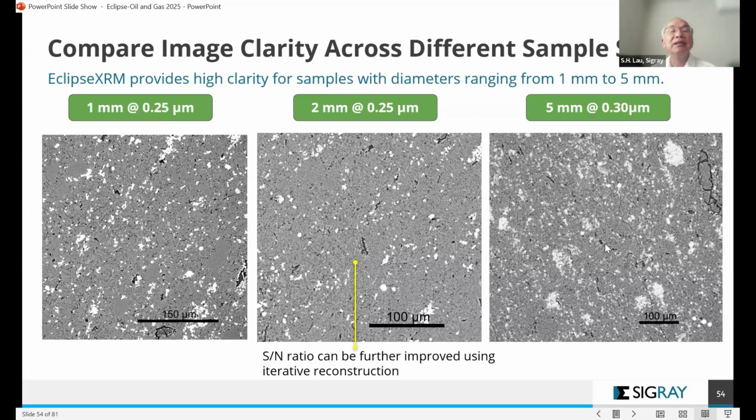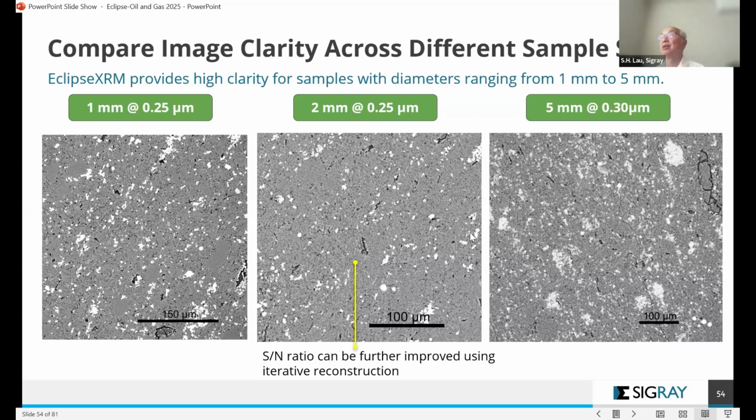Looking at the image clarity across sample sizes, from a diameter of 1 millimeter to a 5 millimeter core, you can see that the clarity is still the same whether we use a bigger core or a smaller core size. So it is pretty comparable.